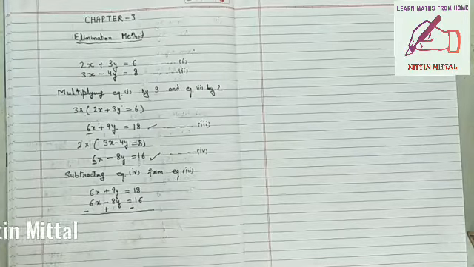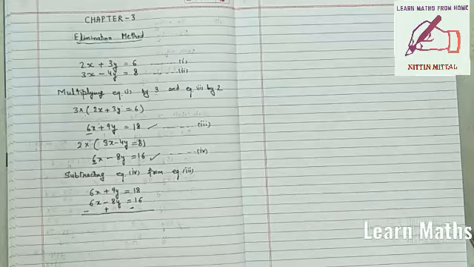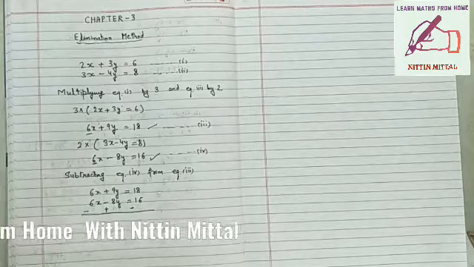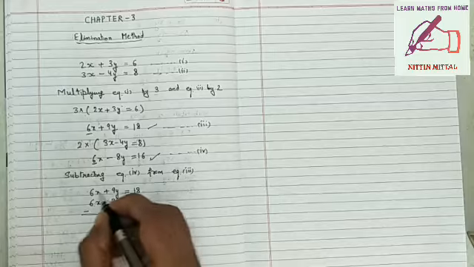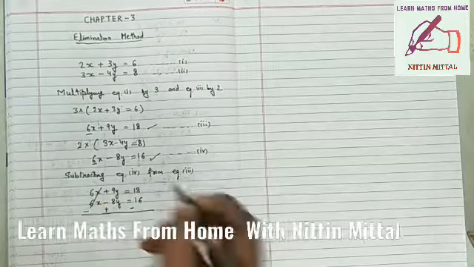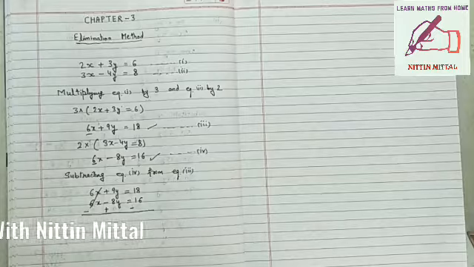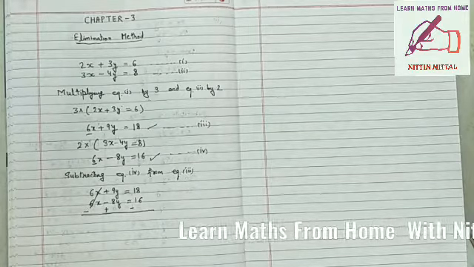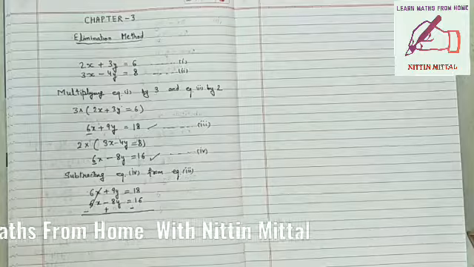You learned all this in 6th and 7th when you did the chapter on variables in algebra for the first time. So here 6x is positive, here 6x is negative, so this term got cancelled, and one of the variables is eliminated. That is why this method is known as the elimination method.